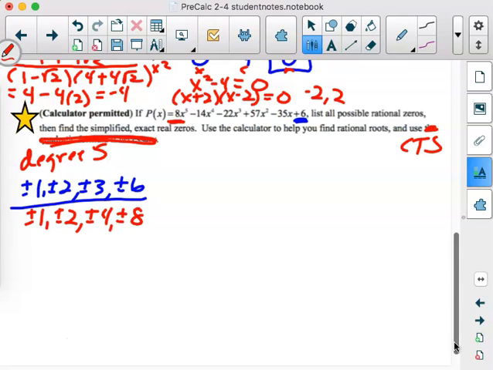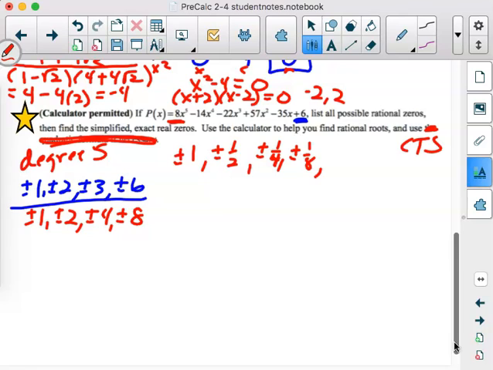So we'd have quite a long list of possibles here. 1 over 1 would be 1, 1 over 2 would be 1/2, 1/4, 1/8, etc. If the problem on the test said, and it does here, list all the possible rational zeros, we do have to stop and write them all out. So 1 over 1 is 1, 1 over 2 plus or minus 1/2, 1 over 4 plus or minus 1/4, 1 over 8 plus or minus 1/8.